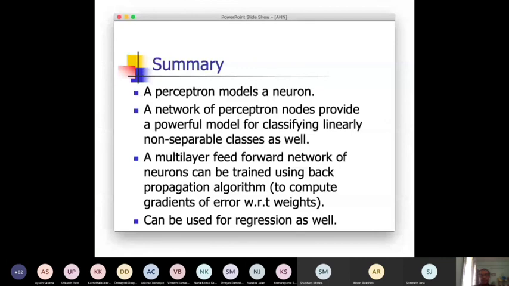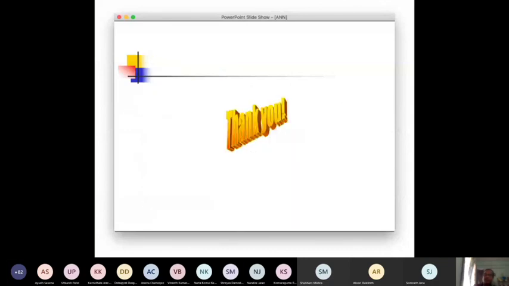And a multi-layer feed-forward network of neurons can be trained using the backpropagation algorithm that we also discussed, because it is used to compute gradients of the error with respect to the weights, and can be used for regression as well. Which I have not discussed explicitly, but you understand that primarily this computation is oriented towards regression. So with this, let me stop here.